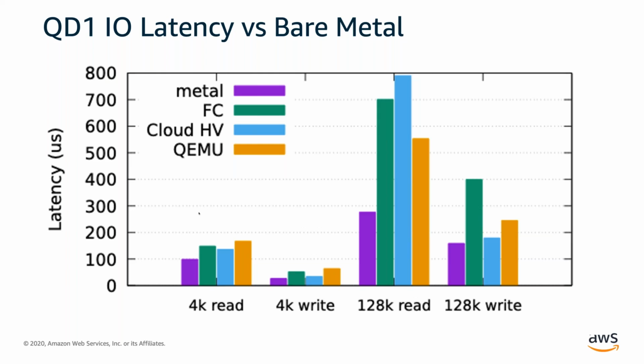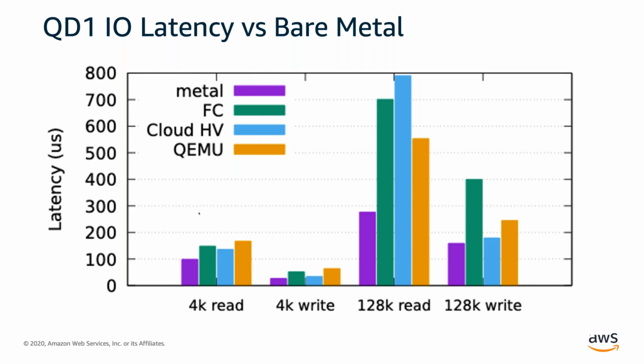Look next at QDEP1 IO latency. So this is serial IO latency: send one, wait for it to be done, send the next one. 4K reads and 4K writes, really great IO latency here. Similarly with 128K reads, what you can see there is we're starting to have about a 2x overhead over bare metal.